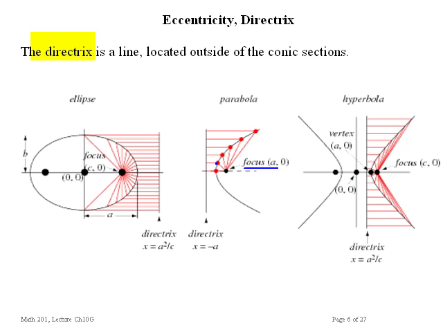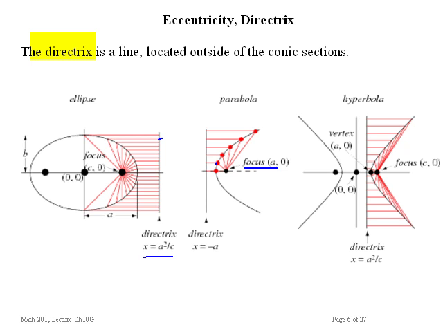Here's the ellipse. There's a directrix here. It's located at a squared over c, a being half the length of the major axis, and c the distance from the center out to the focus. And there's a similar property. I'll talk about it in a minute, but again, I'm going to take the distance from the focus up to some point P. I'm going to compare that to the distance from the point P back here to the directrix.